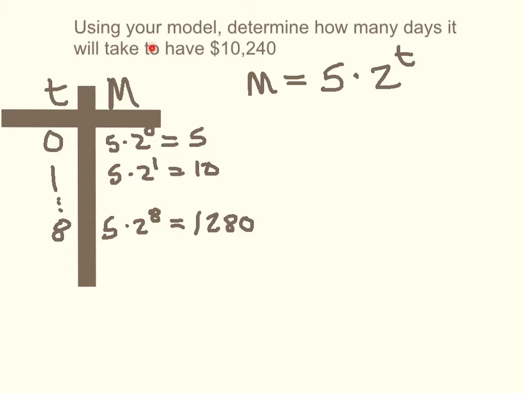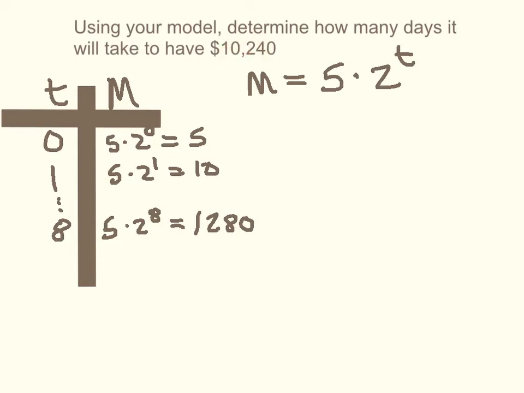Now I decided to solve this problem using a chart. Later on, when we get into more complicated examples, we're going to have a more straightforward way to calculate for t. You should notice that what we're looking for now is that we are given what m is.